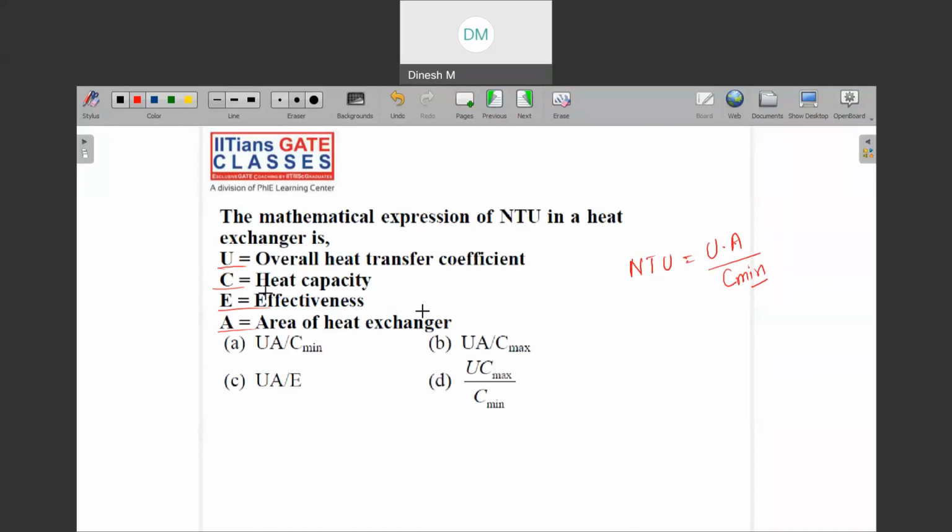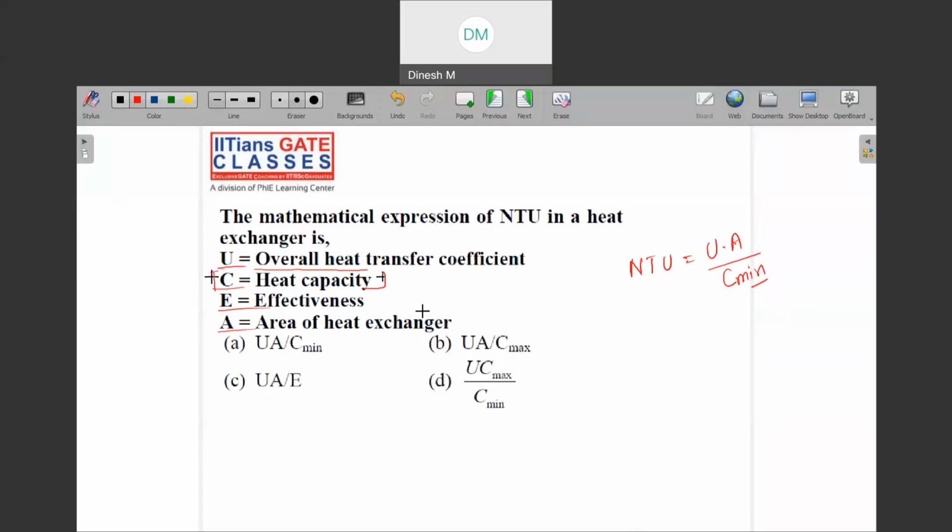Heat capacity they have denoted C. So where is this option? We can see in option A, UA upon C minimum. Correct option is option A. Okay, let us go to the next.